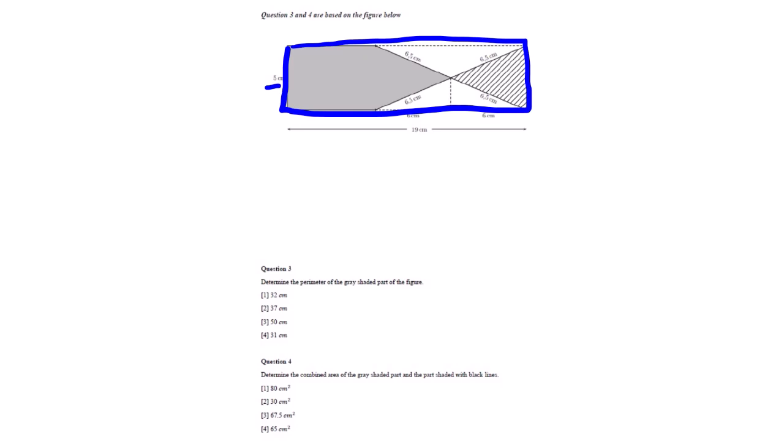But then the question says, it's question 3, determine the perimeter of the gray shaded part of the figure. This is the gray shaded part of the figure. So what we can do, let us look at the shapes which we have within this figure. So we have a triangle here. We have a triangle here.